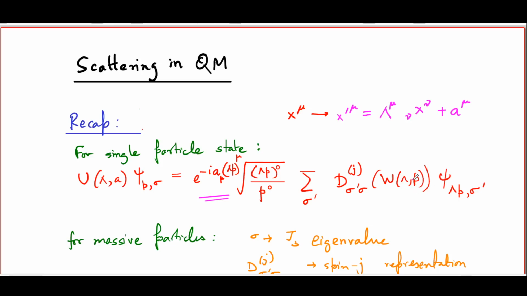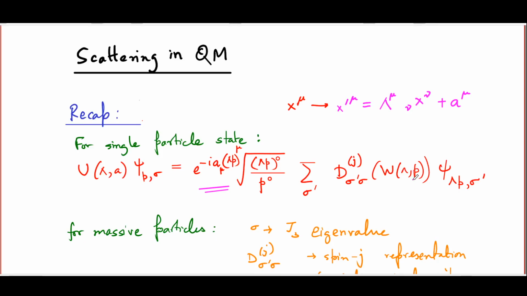So basically the action of the Poincare transformation on a single particle state has been reduced to figuring out representations of the corresponding little group. Now, as we have seen before, we have to treat massive and massless particles differently simply because the little groups for the standard 4 momenta in the two cases are different. And the result that we had obtained after quite a long discussion is the following.